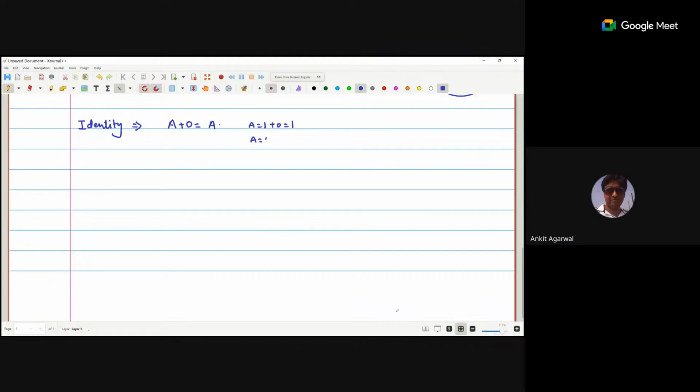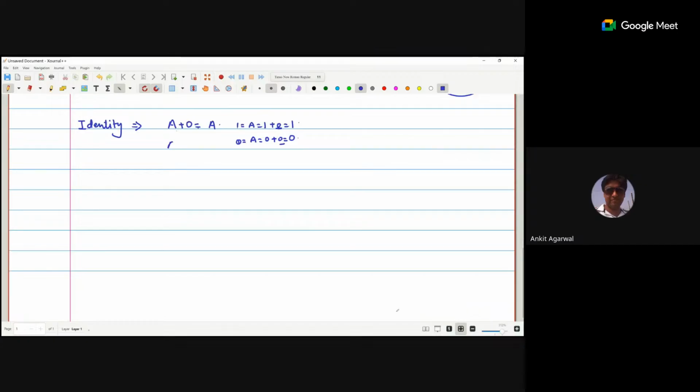When A is 0, 0 plus 0 is equal to 0. So if we add anything to 0, we get the same value. So if we add A to 0, we get A. This is one identity.